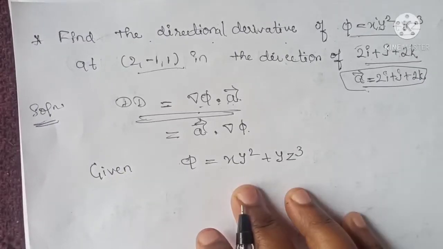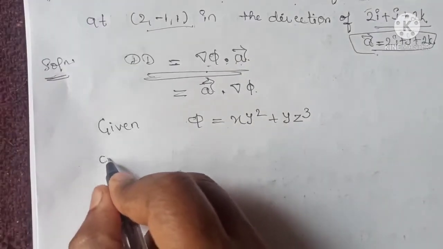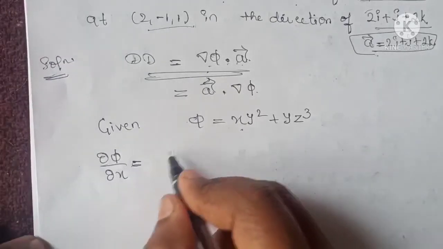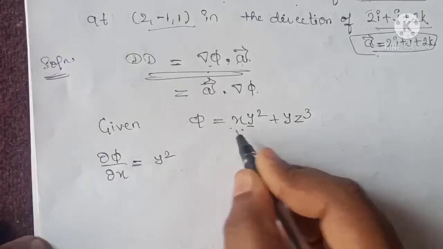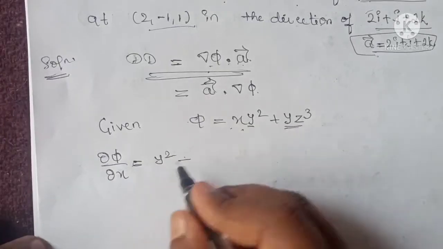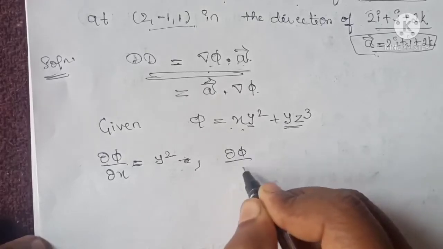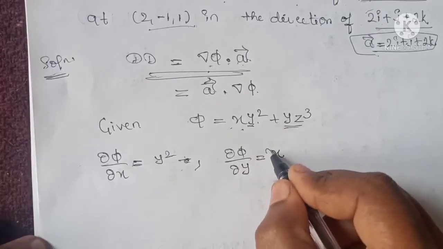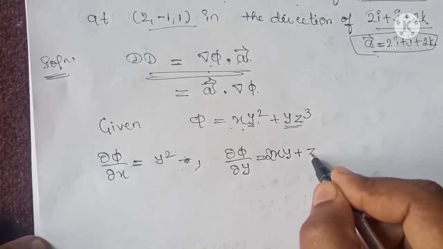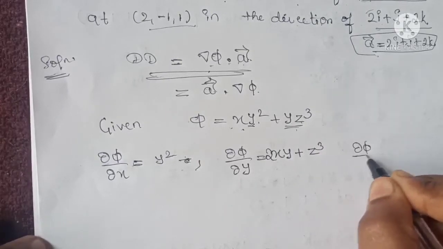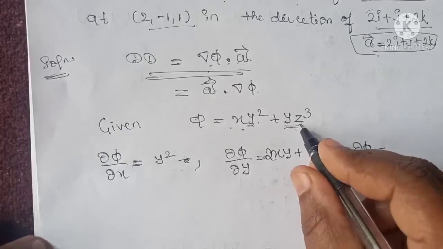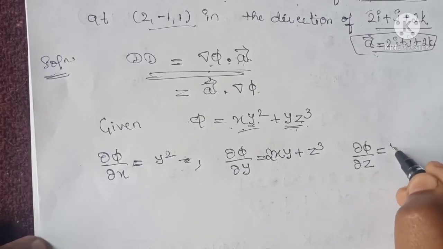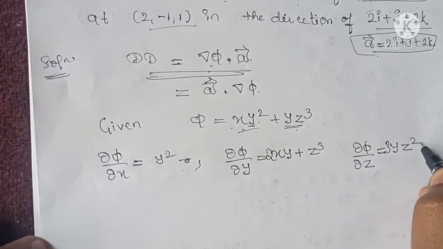Again we start with the partial derivatives, that is dou phi by dou x. Differentiating with respect to x partially, y square is constant and x differentiation gives 1, and this term becomes 0. Now dou phi by dou y, with respect to y, x becomes constant, y square differentiation 2y, plus z cube constant, y differentiation 1. Next dou phi by dou z, with respect to z this term becomes 0, and y is constant, z cube differentiation 3z square.